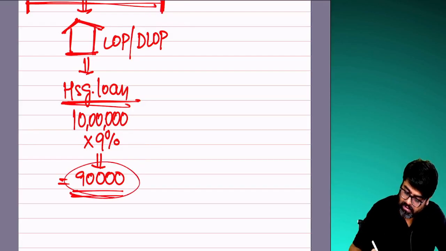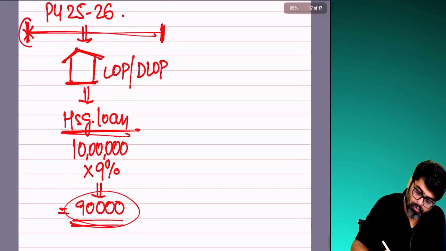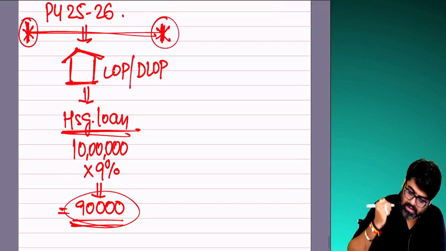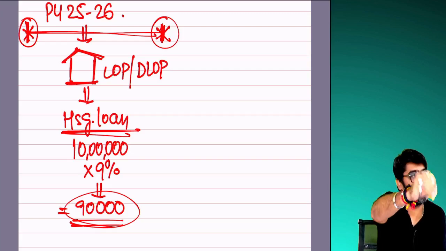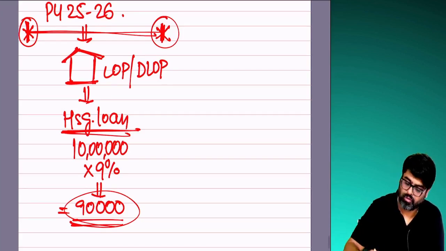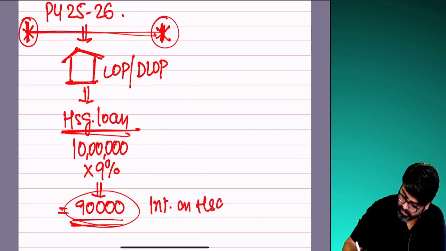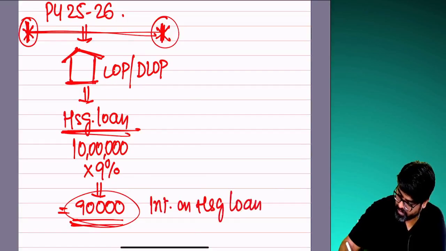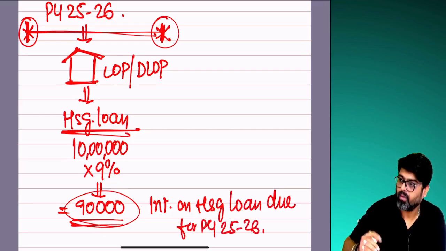Now, tell me, is this 90,000 becoming due from April to March? Is this the interest which becomes due for this year? So this is the interest on housing loan due for previous year 25, 26.